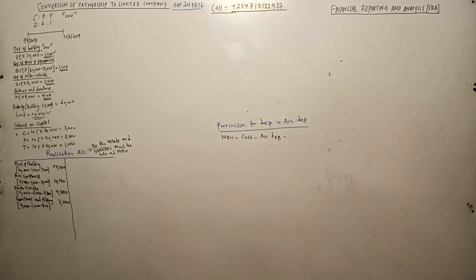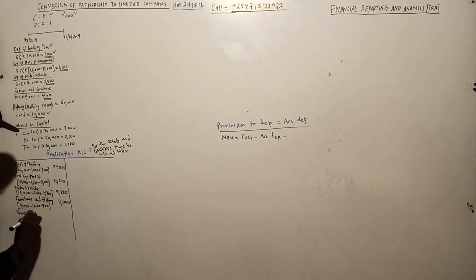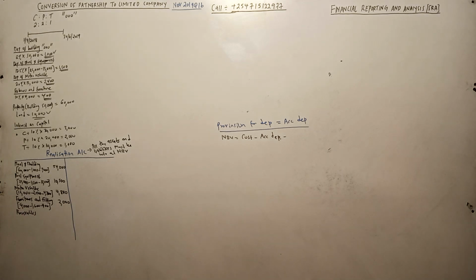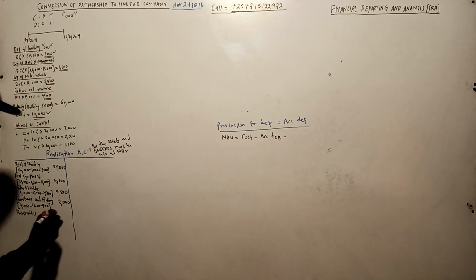The next assets, from the non-current, we go to the current assets. We have trade receivables, so I will just call it receivables. The receivables from the question is 18,200.